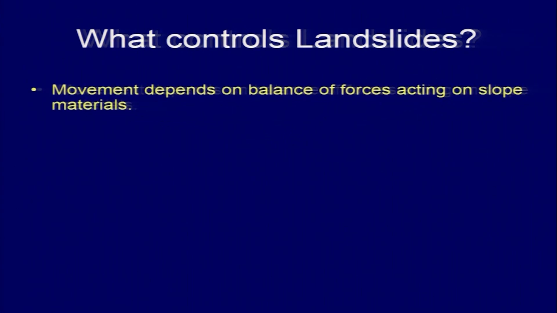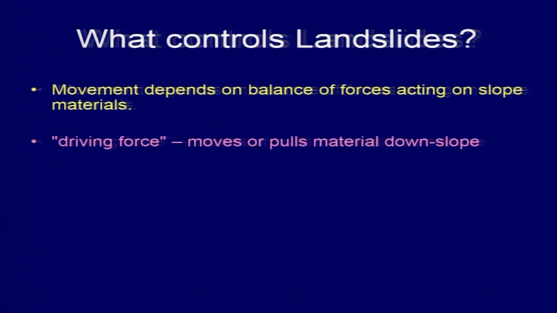The movement depends on the balance of forces acting on the slope. As we were talking about, the movement will occur under gravity. So these are forces which will be acting on the slope. One is your driving force, which always tries to move or pull the material down slope. If you are having the slope here, whatever the material is sitting on the slope, you will have one force acting here.